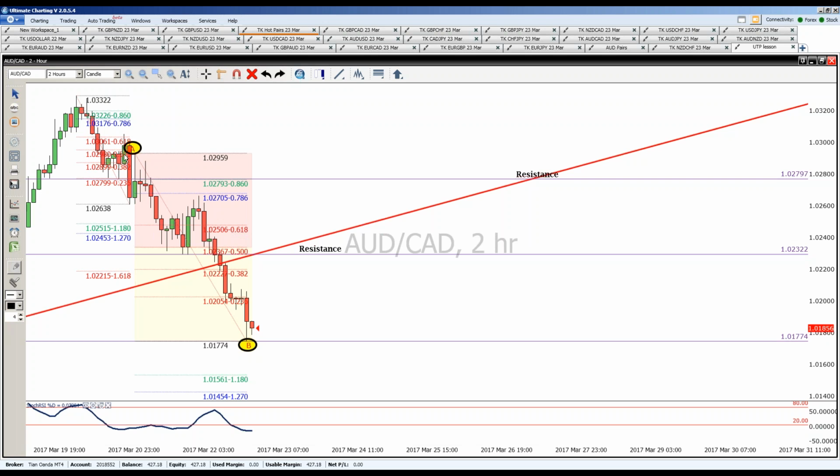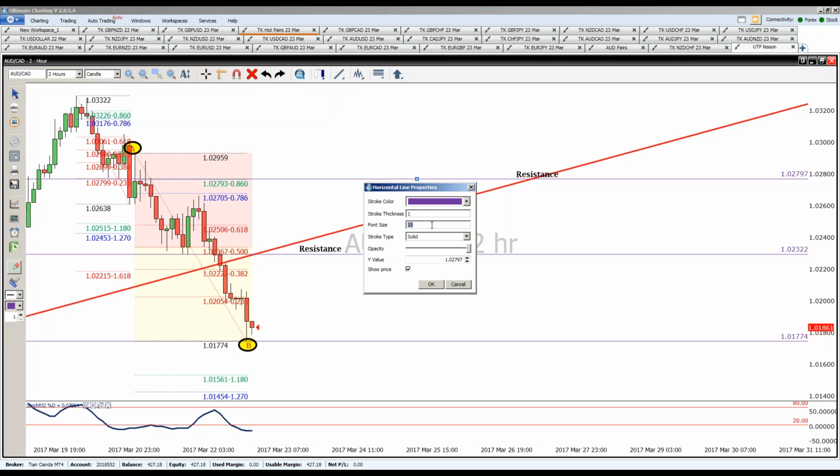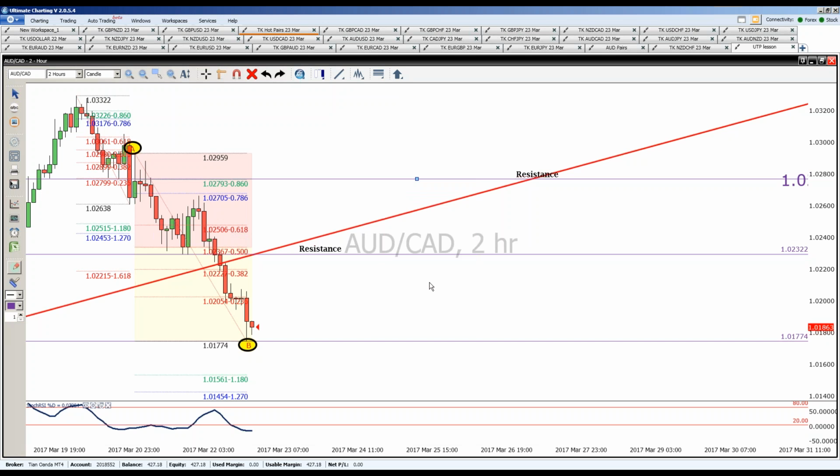Because first of all, over here at price point 1.0279, let's make that bigger, we have a confluence. 1.0279 is a confluence of resistance levels.